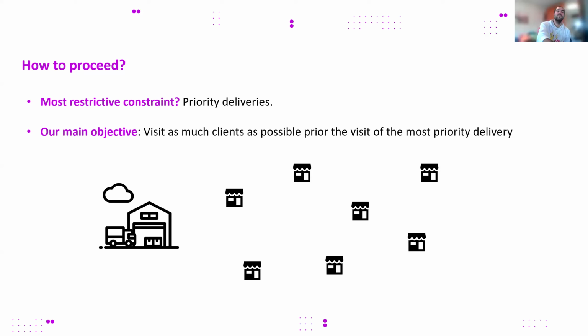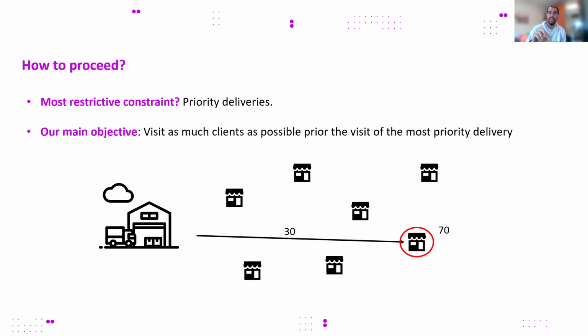For example, we have here on the left part of the slide the warehouse in which the whole fleet of vehicles is. And we have this client, a top priority client to whom we need to make the delivery before 70 minutes. The trip between the warehouse and this client is just 30 minutes.